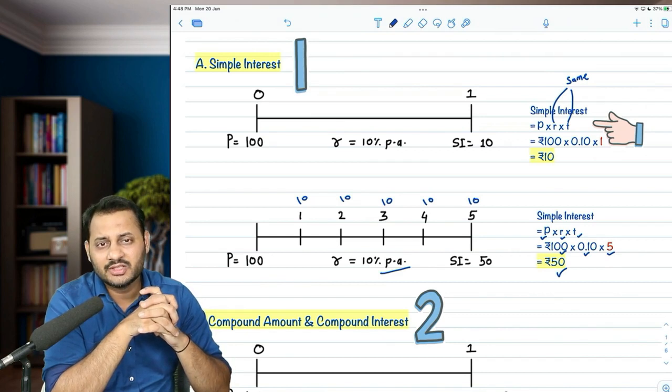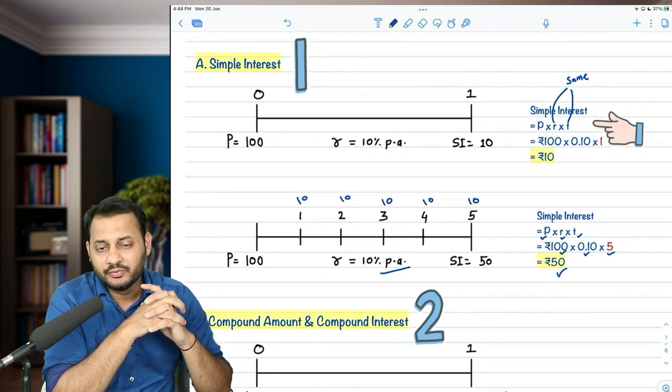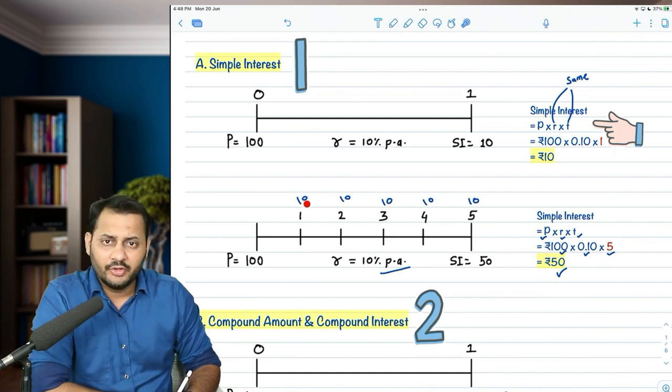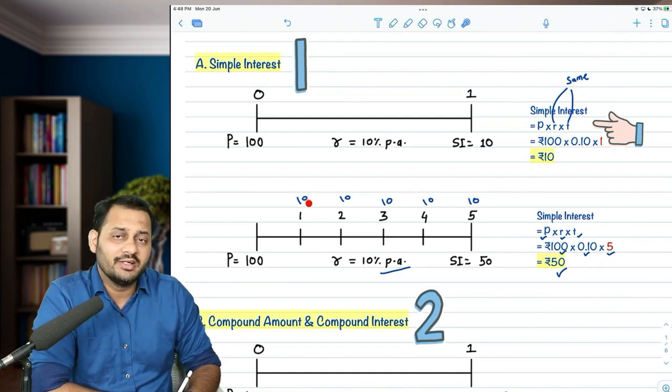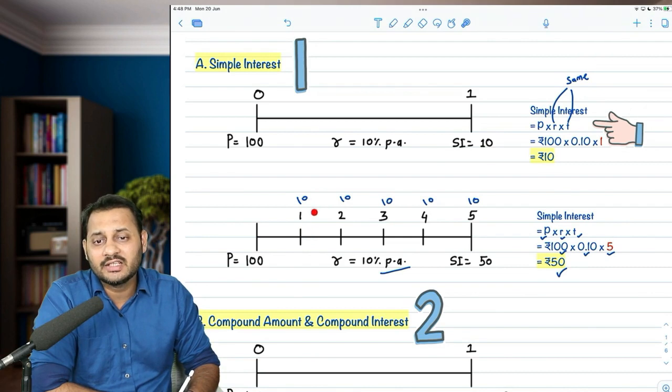Now what I want to say is, what if the bank does not give you that 10 rupees after 1 year? You have earned 10 rupees, but it is not given to you, it is accrued. It is being kept by the bank itself and used by the bank itself in the second year as well.